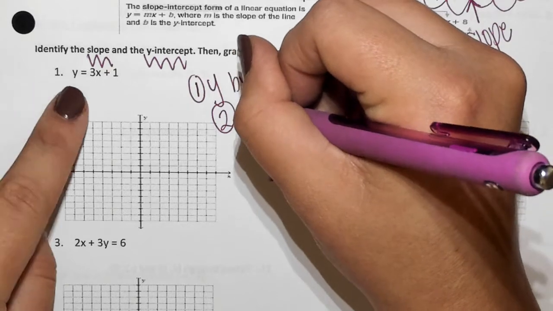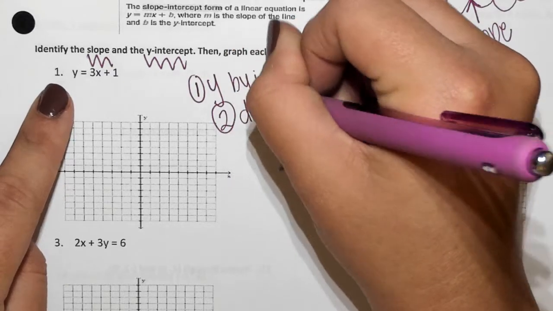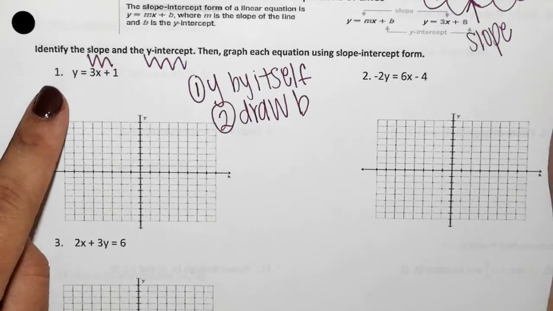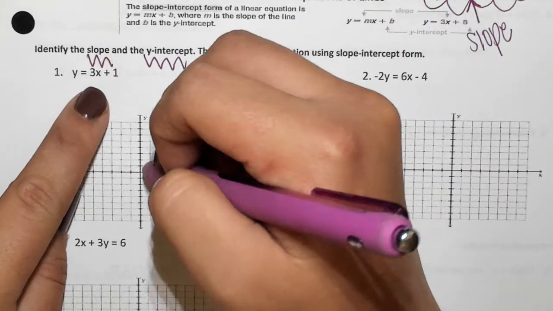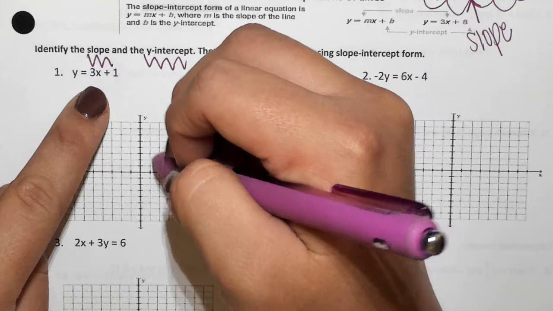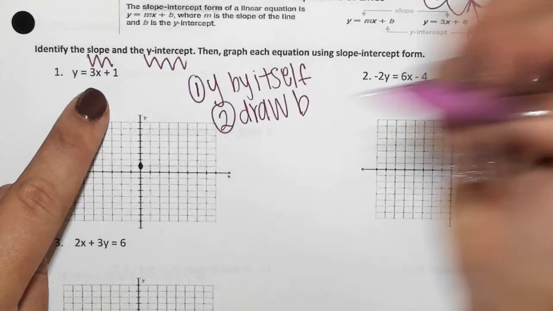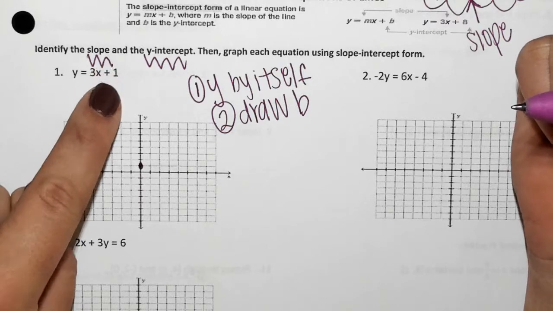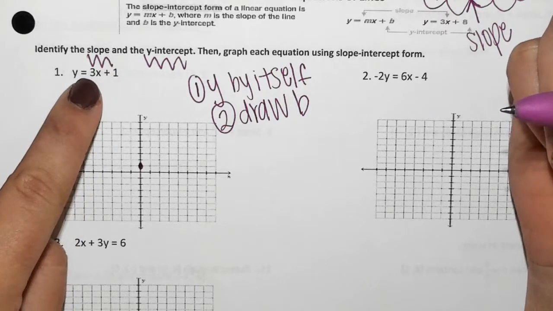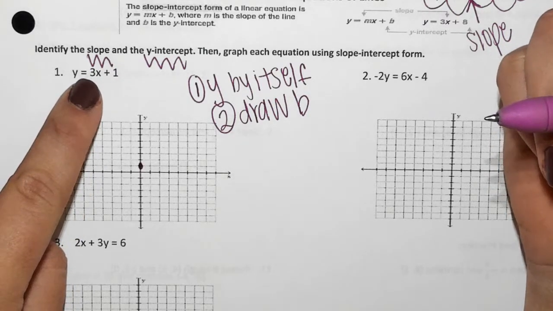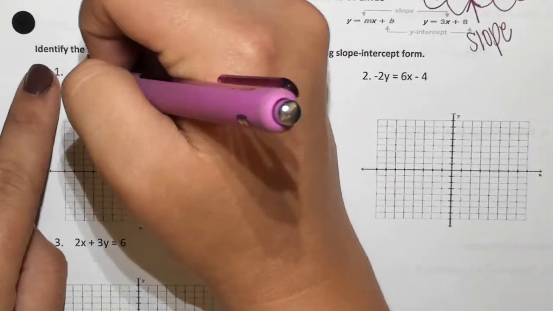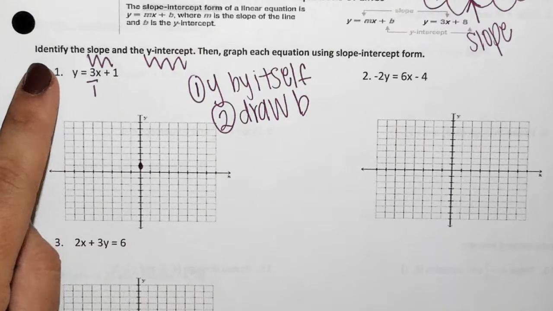Step 2. Go ahead and draw where your B is. Well, what's B? 1. Just 1. Carson, put your head up. So you put a dot right here on positive 1. That's your y-intercept. Now, whatever's in front of your x is your slope. What is the run of this slope right here? 1. Because you can say it's 3 divided by 1.